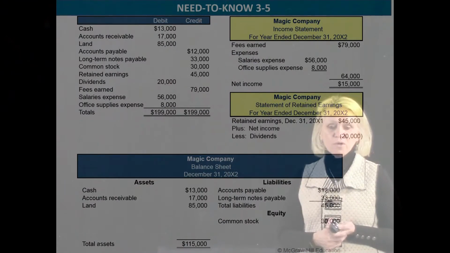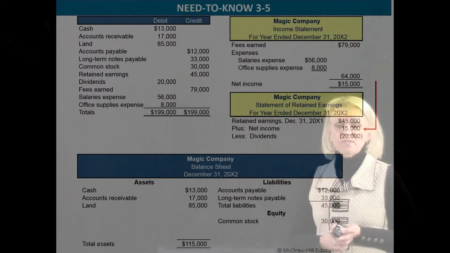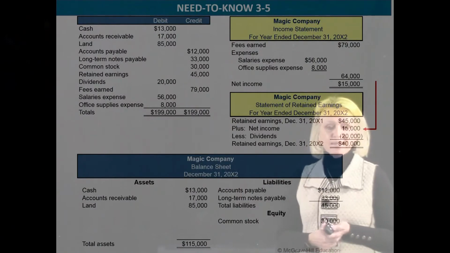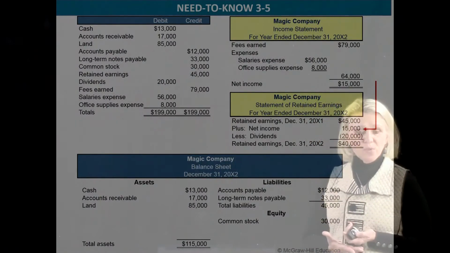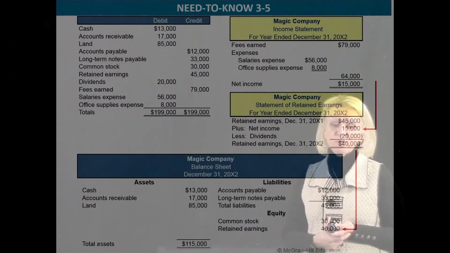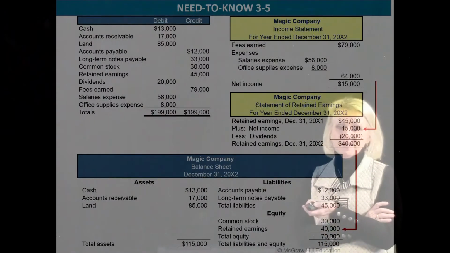We move forward the net income, which was $15,000. We subtract dividends. So our retained earnings as of December 31st, 2012 is $40,000. All we have to do now is move that number down under owner's equity. Total equity is $70,000, and our balance sheet balances at $115,000.